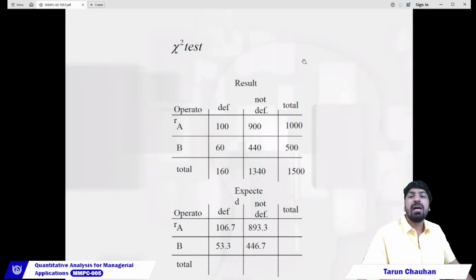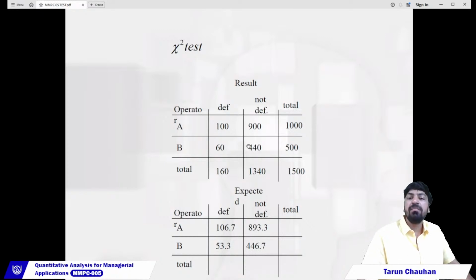Use the formula: sigma O minus E whole square by E, that is expected frequency. 100 minus 106.7 by 106.7. 60 minus 53.3 by 53.3. 900 minus 893.3 by 893.3. 440.